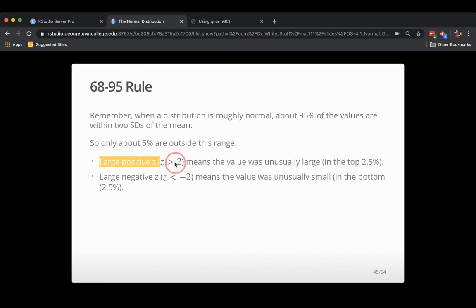So what this is telling you is that if you have a z-score that's bigger than 2, like here, that means your original value was unusually large. It was in the top 2.5% of all the values in that group. If you get a large negative z-score, like a z that's less than -2, then the value was unusually small. It was in the bottom 2.5%.